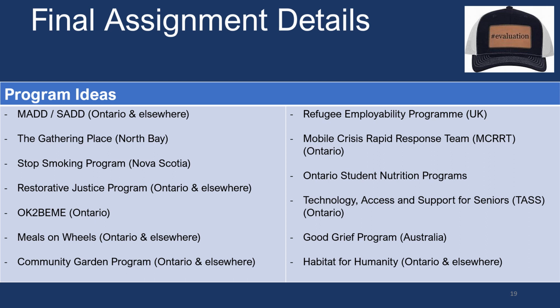I haven't looked into them extremely closely, so I would absolutely recommend that if you're interested in looking into any of these, you assess the amount of information that is available on these programs, because you need to be able to identify objectives and outcomes and potential measurements that you could create, and think about how you might measure them.